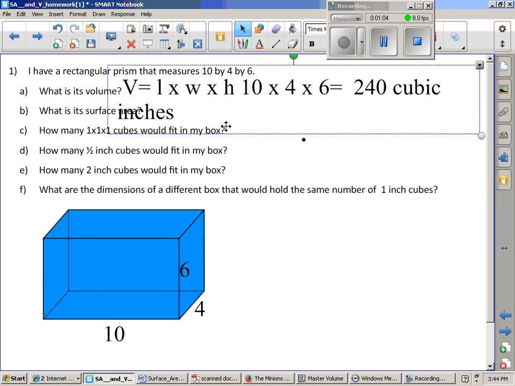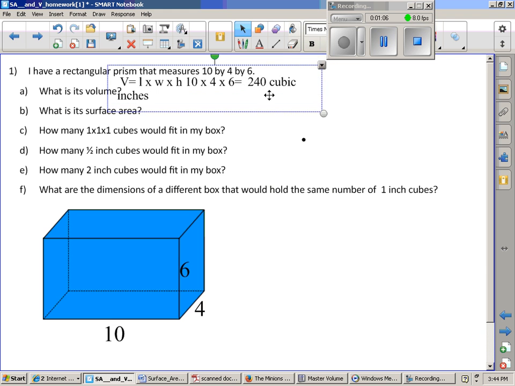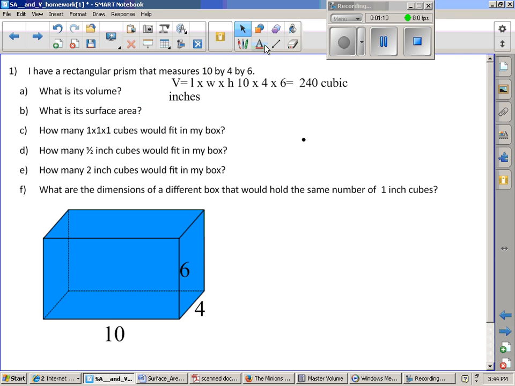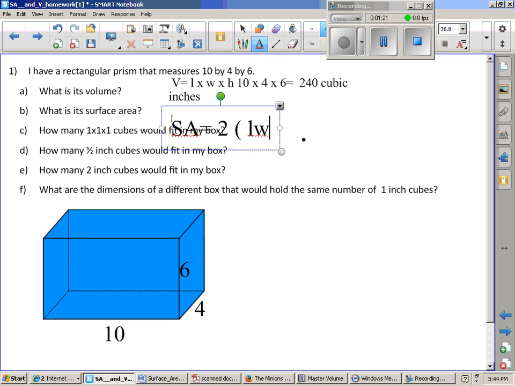Then I'm asked to find the surface area. And so the formula for surface area of a right rectangular prism is surface area is equal to 2 times the length times the width plus the length times the height plus the height times the width.